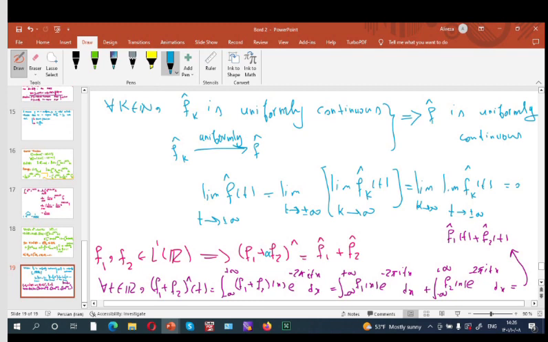It is very trivial because alpha is in this, and finally we have this property, okay?